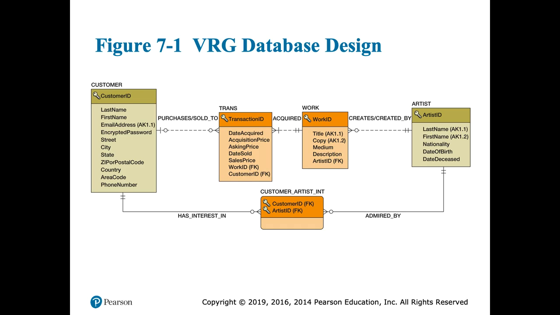So solid lines are called identifying relationships. Dashed lines are called non-identifying relationships. When we have a non-identifying, or non-ID dependent, relationship, the entities on the two sides will be strong entities, right? So that leads to how you define what is weak and strong. And the focus I want to draw attention to here is between artist and work.